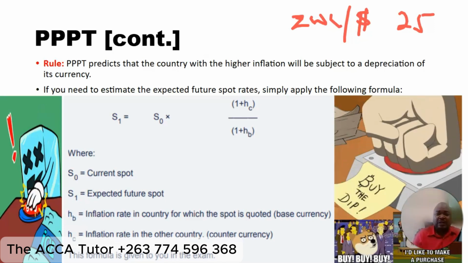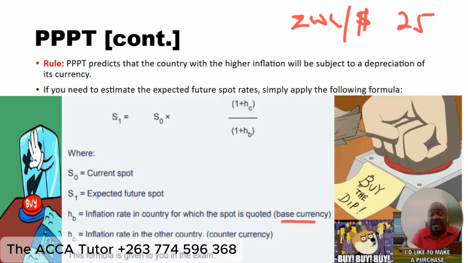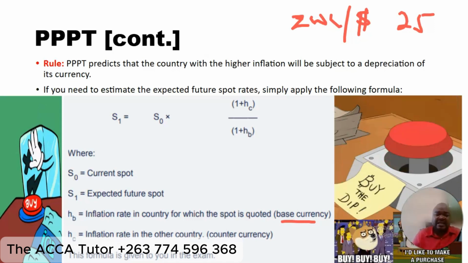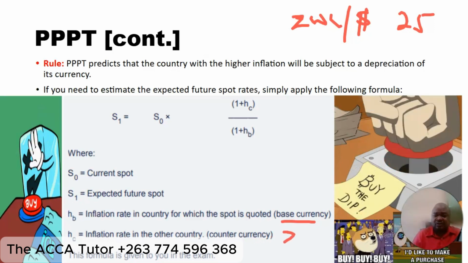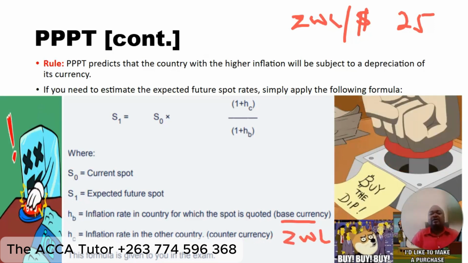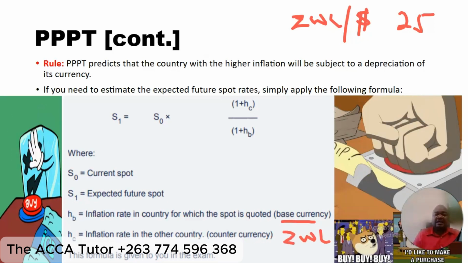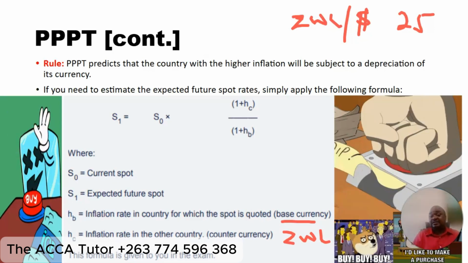So the USD becomes our base currency, and the counter currency is then the ZWL.